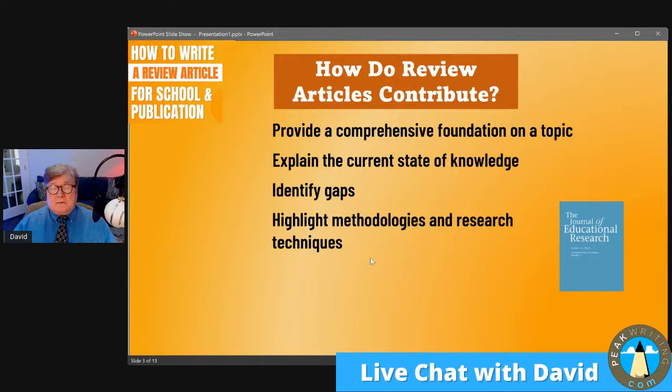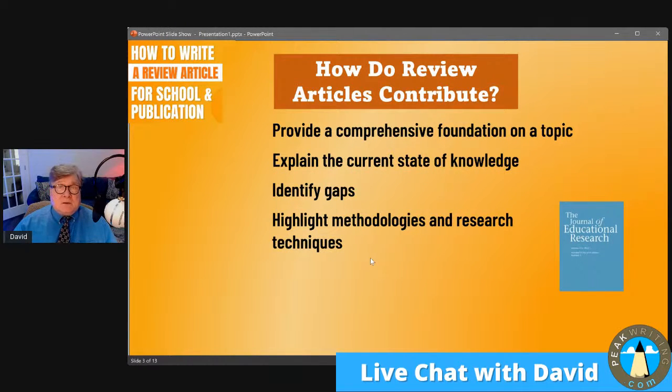Another purpose of the critical review or the review article is to highlight methodologies and research techniques in a given field. In other words, the ones that were the most effective, the ones that fit with certain kinds of problems and not other kinds of problems.